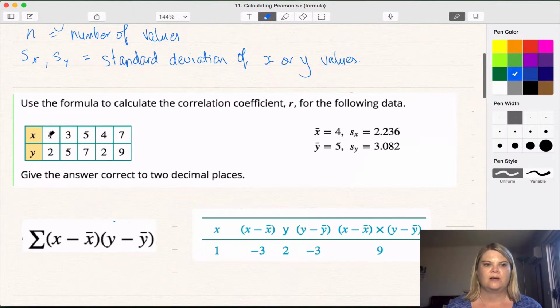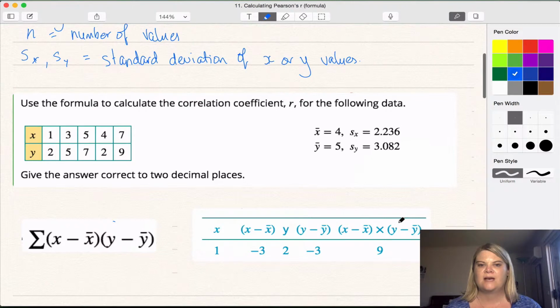The first X value is 1. 1, take away X bar, which is 4, times 2, take away 5. And you do all of that, and then you add it up. So you need to do that for each of these sets of values.